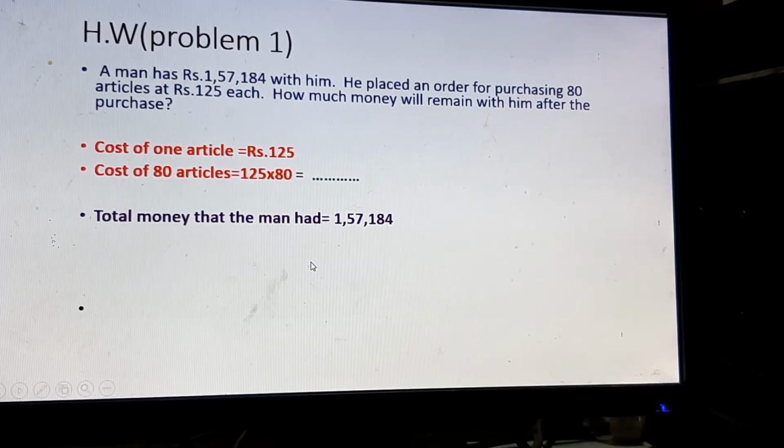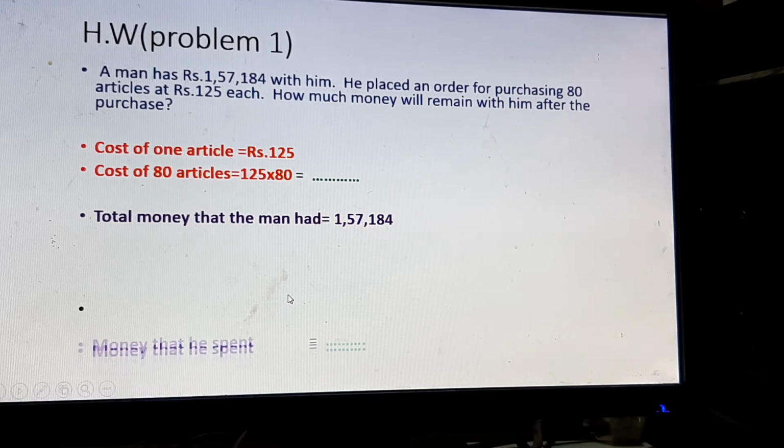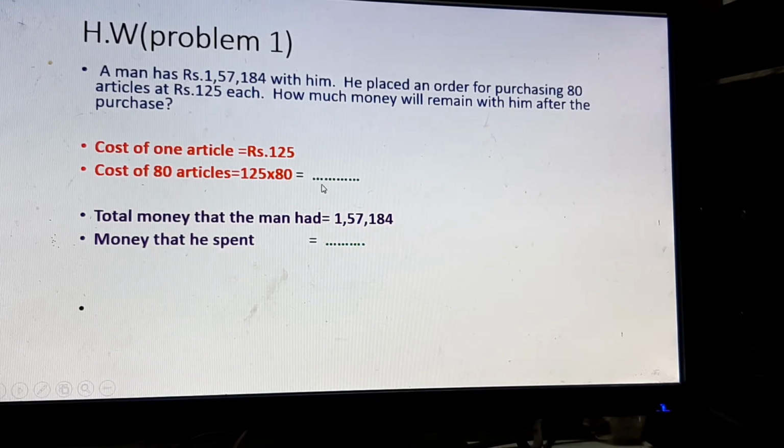After that, you know how much money he had in his pocket? 1,57,184. How much did he spend? That is the same money that you got here. I will not tell you. That is a secret. You have to find it out.